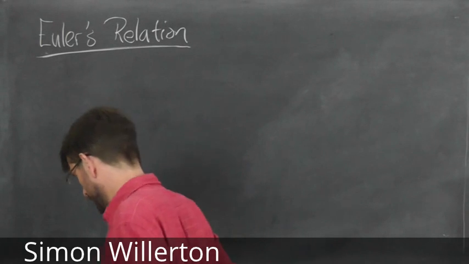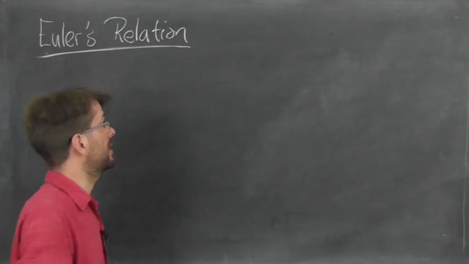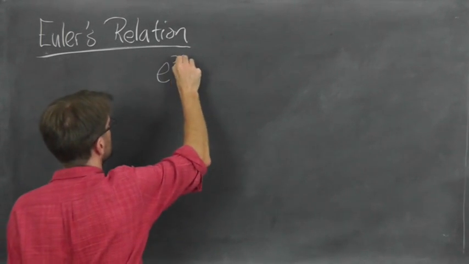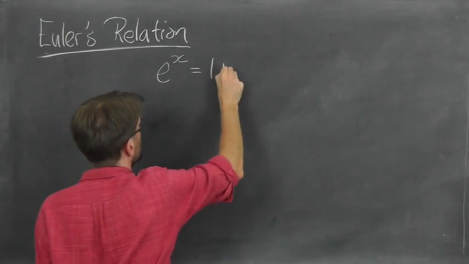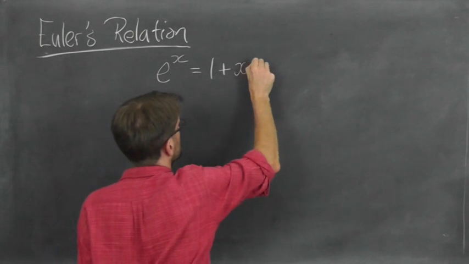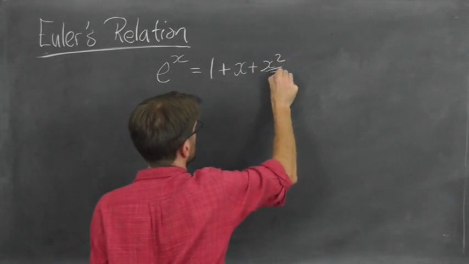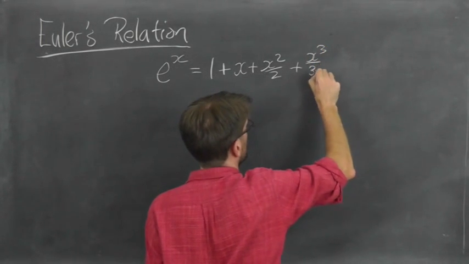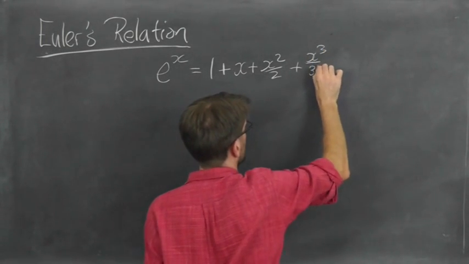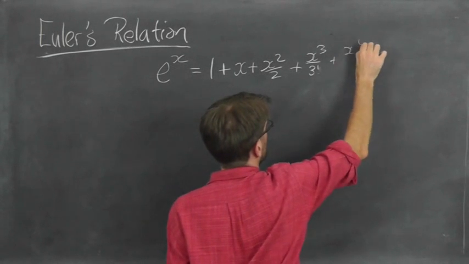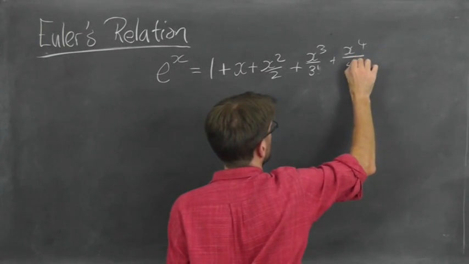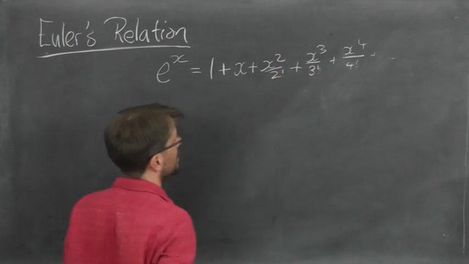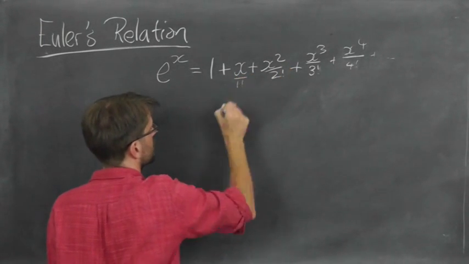Okay, so just remember when we introduced the exponential function, the exponential of a number x is given by 1 plus x plus x squared over 2 plus x cubed over 3 times 2, which is 3 factorial, plus x to the 4 over 4 factorial, etc. And I can write 2 as 2 factorial, and x as x over 1 factorial.